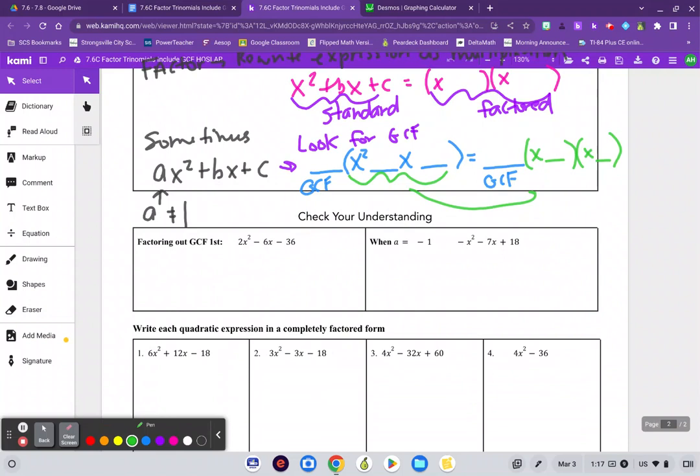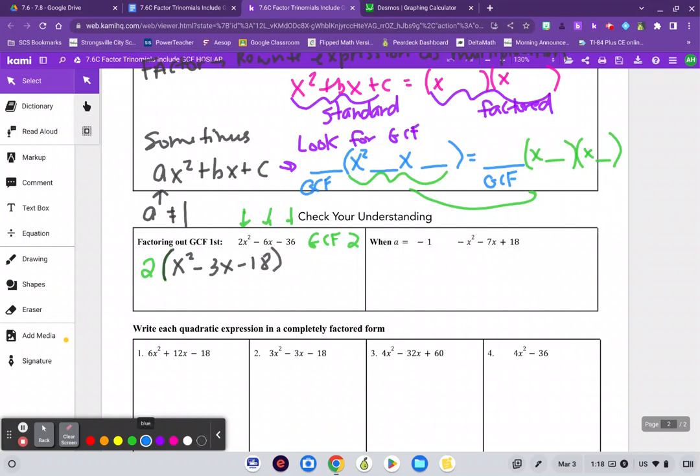This first example says, first we're going to factor out a GCF. And so between the numbers of 2, 6, and 36, my GCF is 2. So I'm going to rewrite 2 times, and I'll do this in a different color so it stands out. If I divide each term by 2, I get x squared minus 3x, and then minus 18.